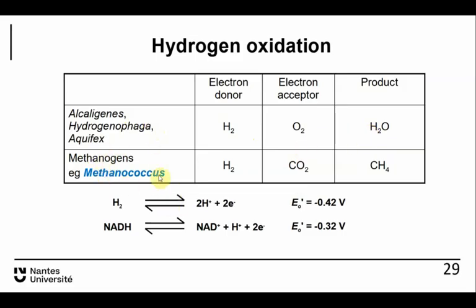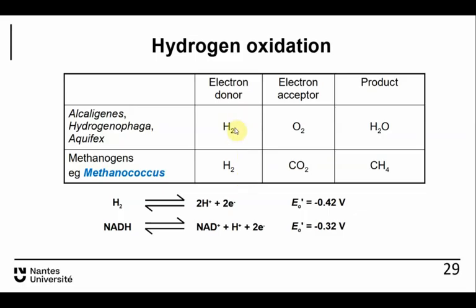And then there are also anaerobic hydrogen oxidizers, which are the methanogens, like Methanococcus. These hydrogen oxidizers can actually use carbon dioxide as the electron acceptor and get methane out of it. This is the absolute worst electron acceptor, but it can only work if you've got a really good electron donor to provide the energy for the process.